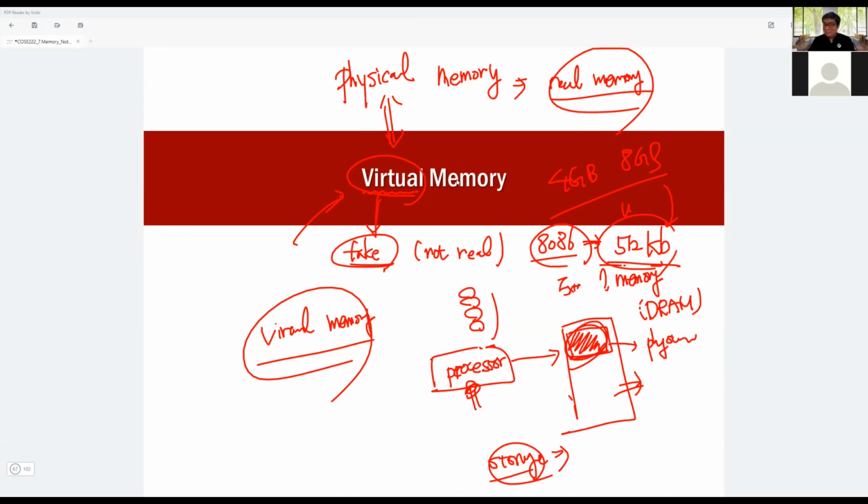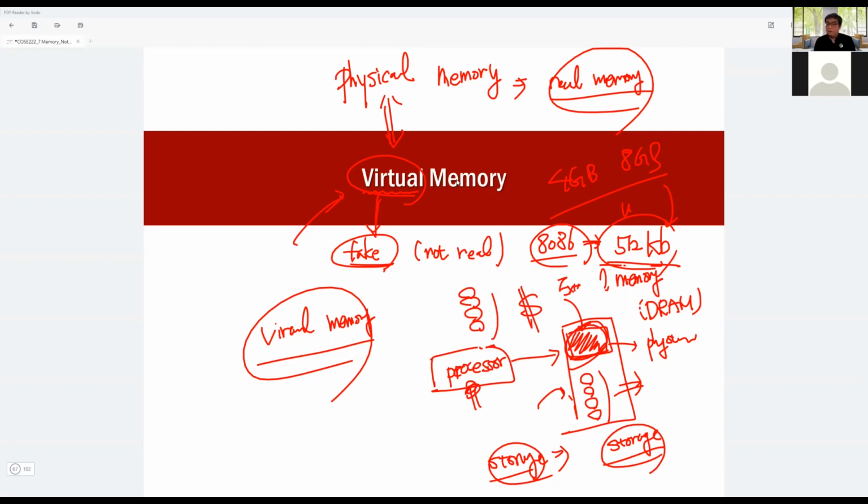So the data used by an application can be stored in the storage, because the physical memory size is small. And we can use this space like a cache.